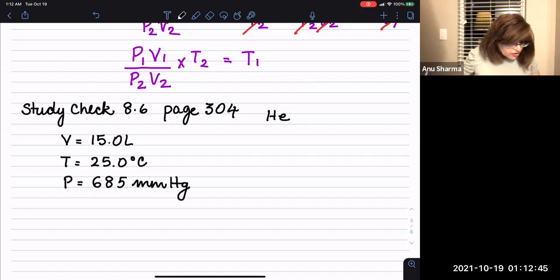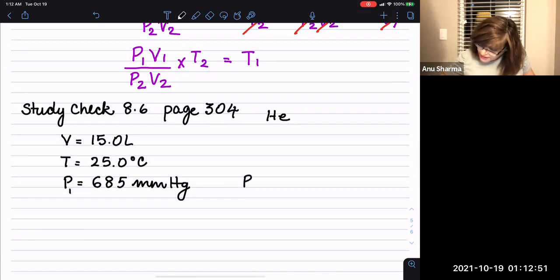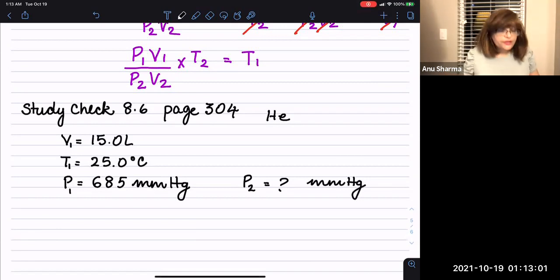All right, what is the pressure in millimeters of mercury? So this is all P1, T1, V1. We are not changing the units for the pressure.